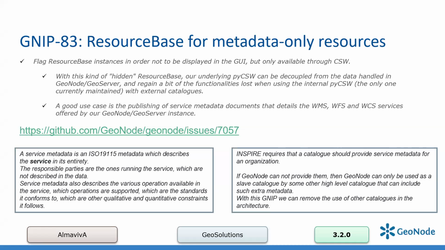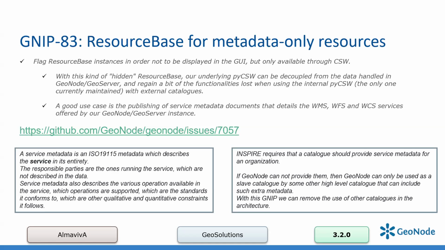also you are able to define some additional resources that we call services, as an instance, that are not real or concrete resources in GeoNode, but just describe a type of service. This is mandatory for the Inspire directive. So the catalog service should not only provide the list of the currently available resources, but should also provide the descriptors of the services that are provided by the server.